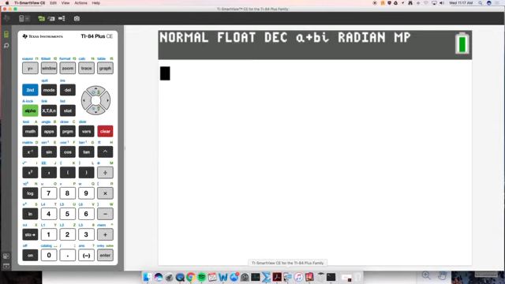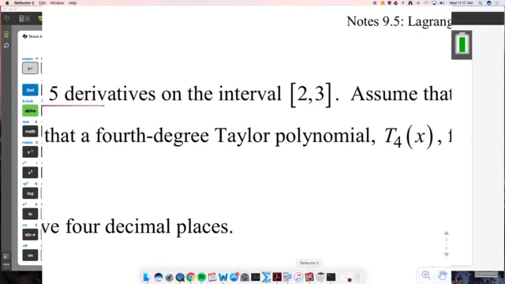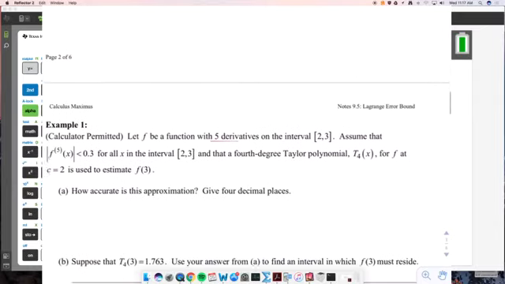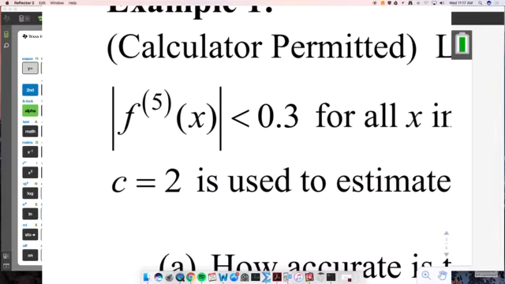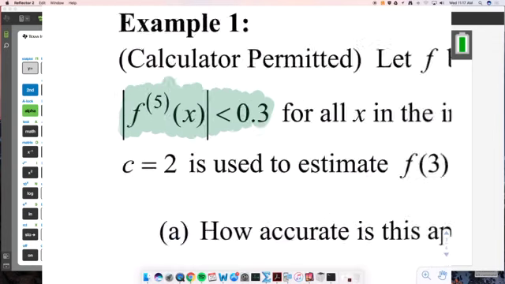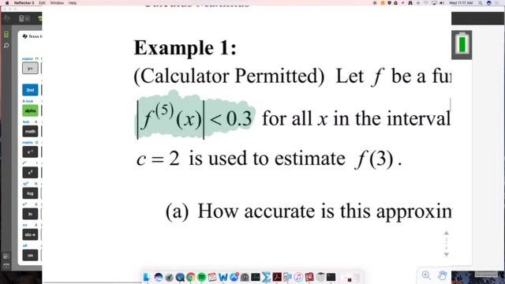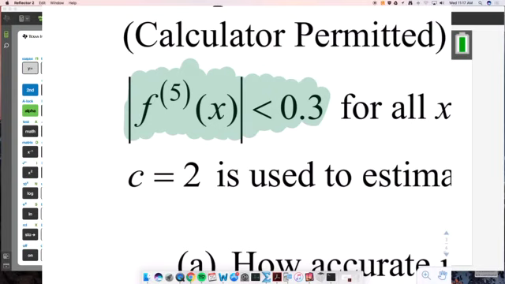Let f be a function with 5 derivatives on the interval from 2 to 3. Assume that that is true for all x in the interval from 2 to 3. Now, what does that mean?